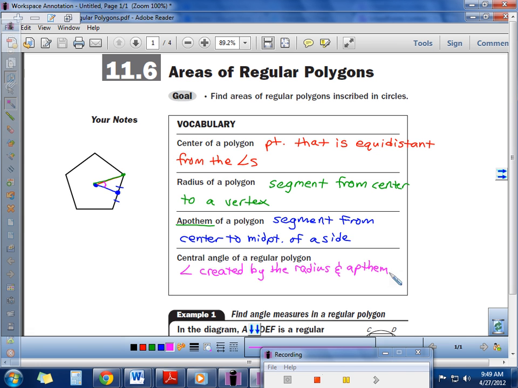That's your center angle. This picture is key. Anytime you're dealing with a complex regular polygon like a pentagon, hexagon, octagon, you have to draw this. Your radius, apothem, and central angle. That is important.